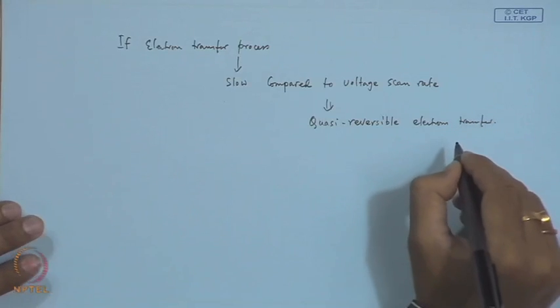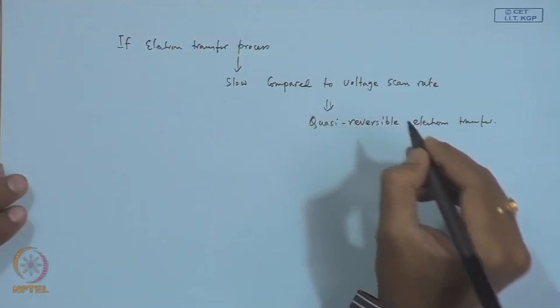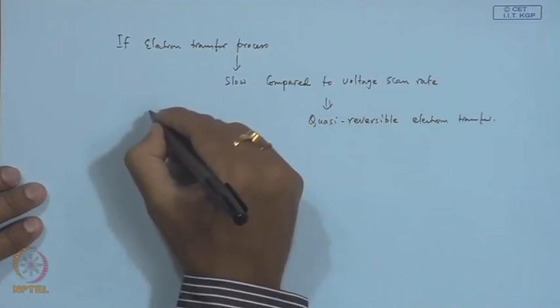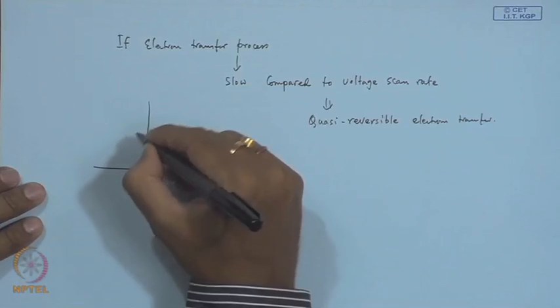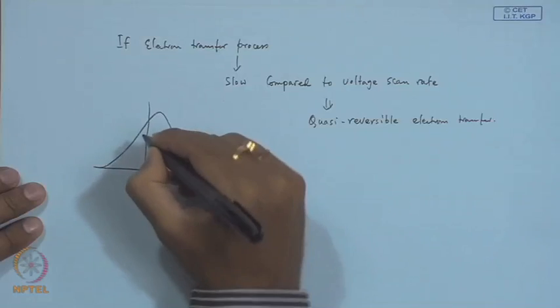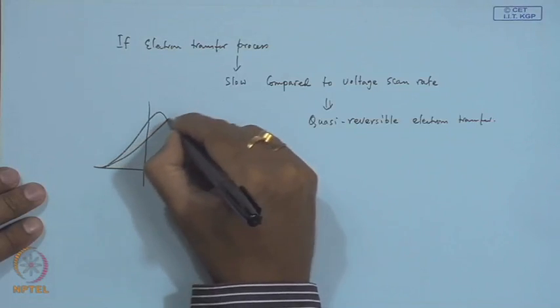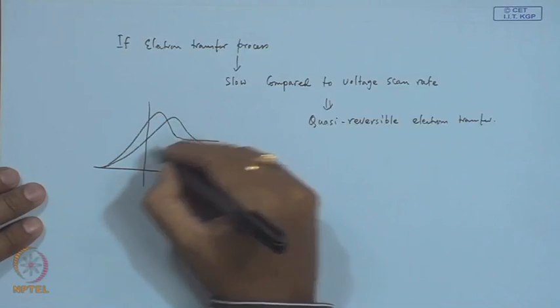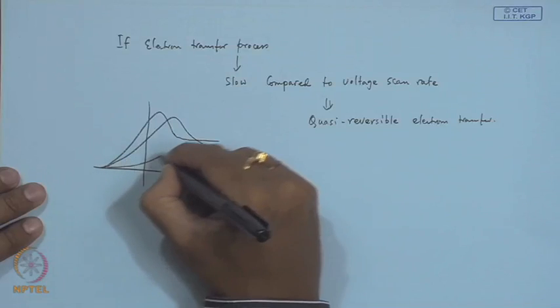So, in that case, if it is slow compared to the voltage scan rate, let us have a representative plot. In one case it is like this, in another case it is like this, or in still another case it is like this.